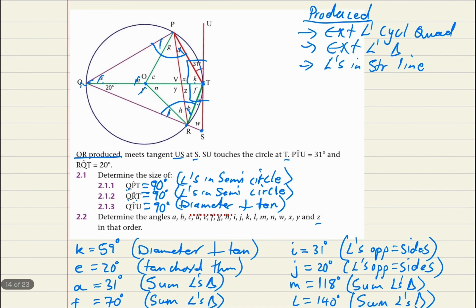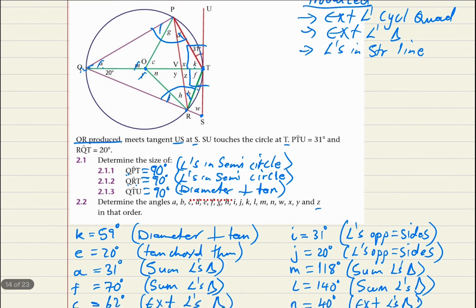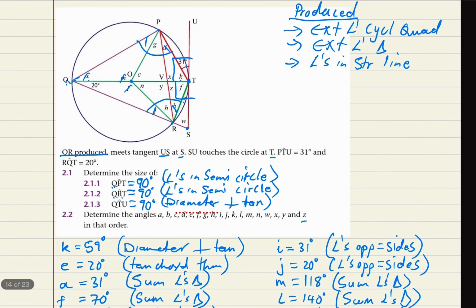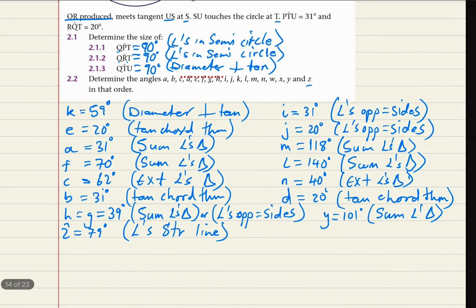Okay, then I have y. That means I can find z, angles in a straight line. So z is equals to 79. Why is it 79? Angles in a straight line. Okay, if it's so, z also can find x.